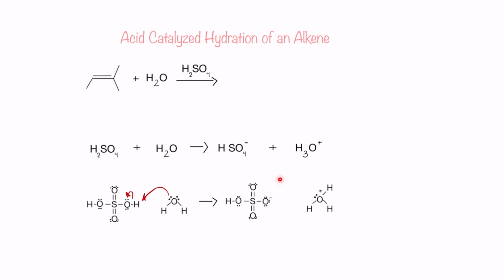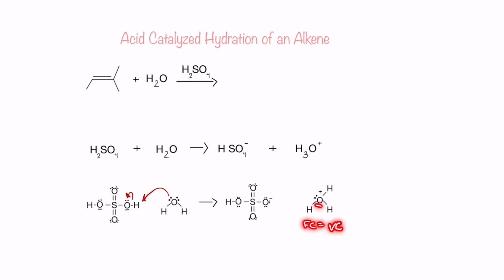And so we see that over here it has a negative charge. If we calculate the formal charge for this oxygen atom, it's going to be equal to valence electrons minus surrounding electrons. And as we know, oxygen has 6 valence electrons, and surrounding it right now is 1, 2, and 1 from each bond, which makes for a total of 5 surrounding electrons. So we have a total charge here of +1.